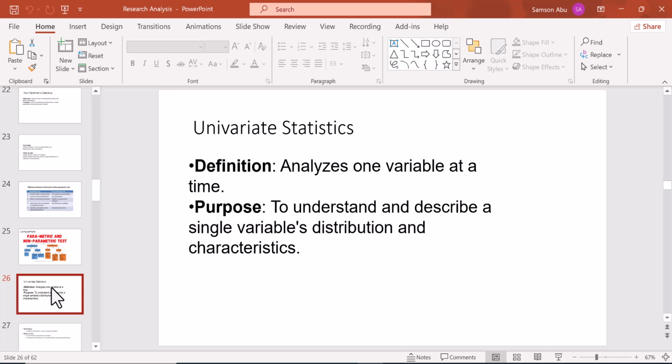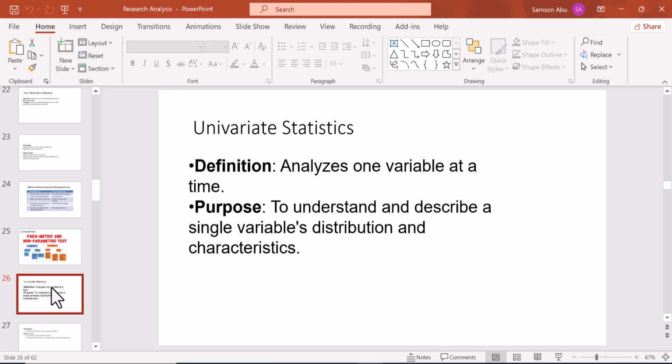All right. Another thing we'll be moving on to is what we call univariate statistics and multivariate statistics. Now, from the word uni, it means one. So when you are analyzing a single variable, for instance, gender is a single variable, it's a univariate analysis.